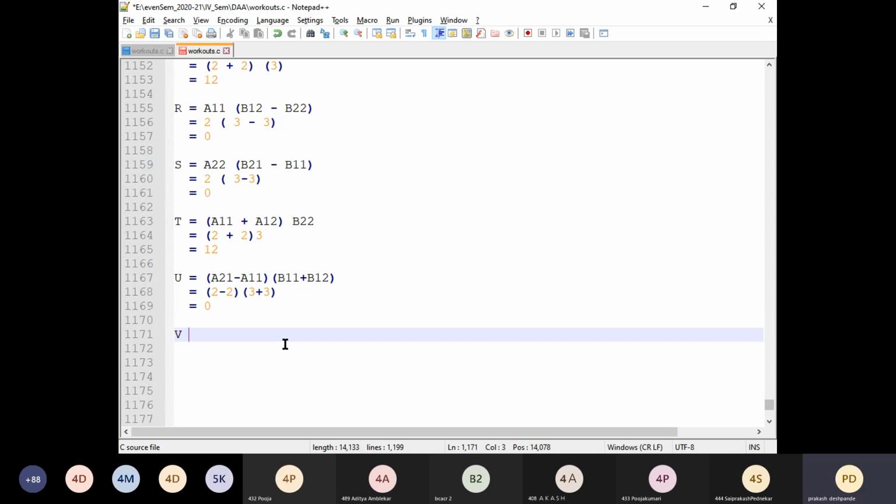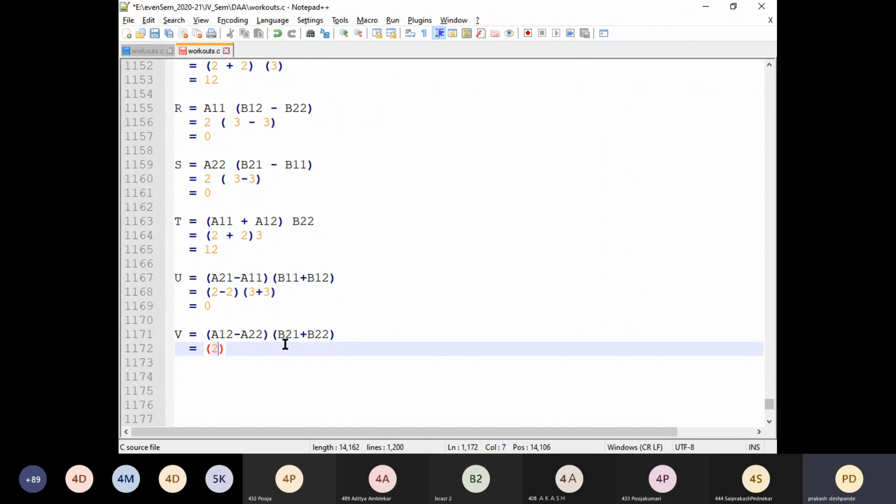The last formula, V, is equal to A12 minus A22 multiplied by B21 plus B22.